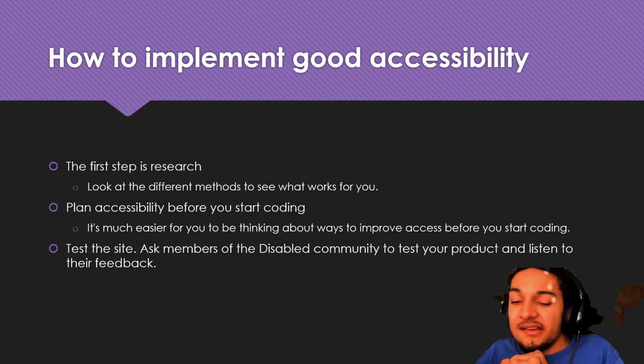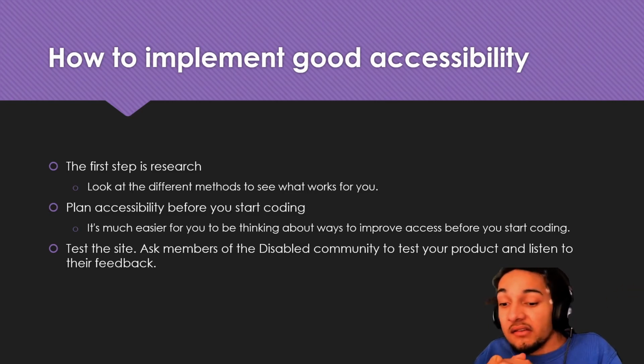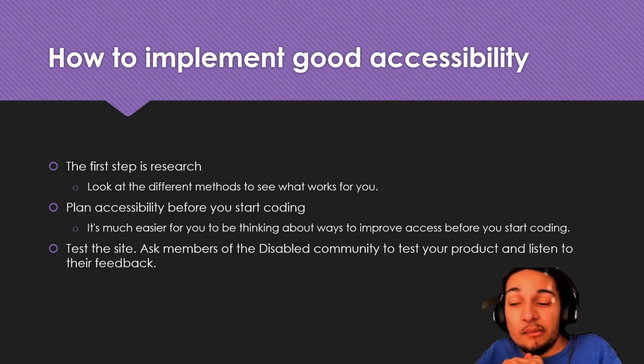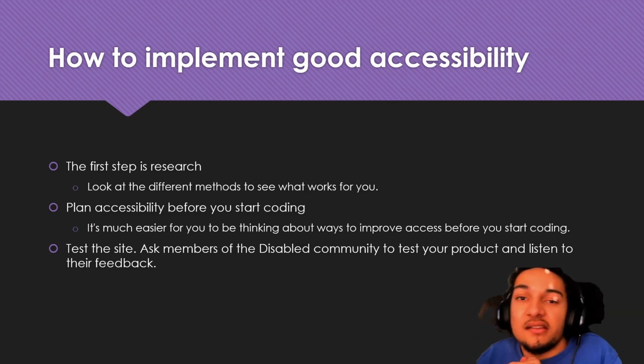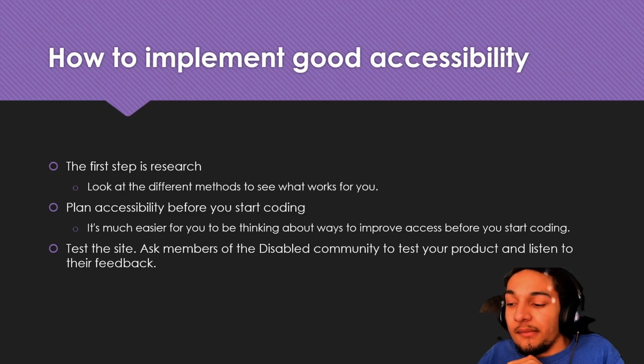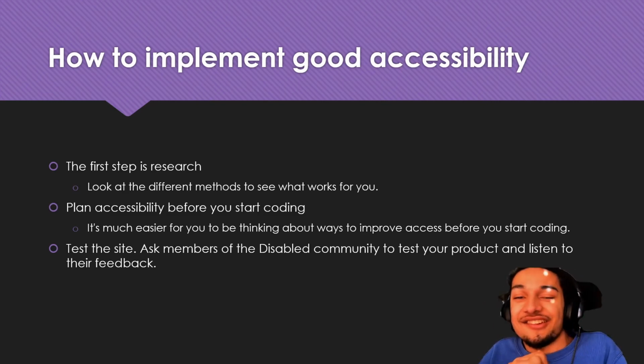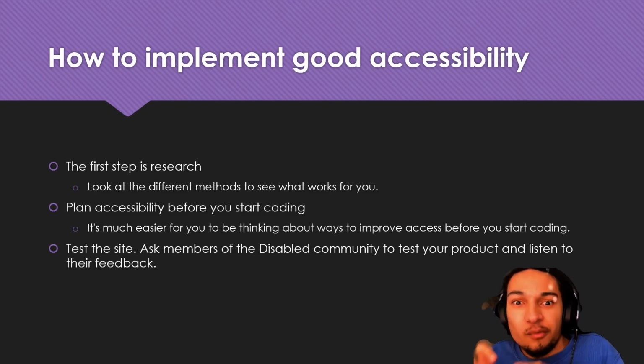And finally, test the site. It'd be amazing if you can get members of a disabled community to test your product. It is hard, I think, to find people to test a product at the best of times, let alone testing one specific part.